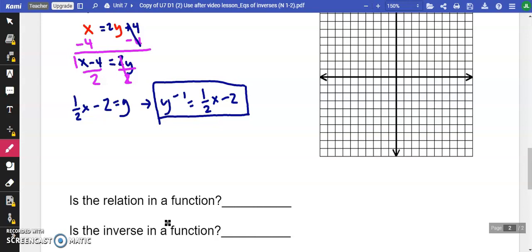So since our red graph was basically just a straight line, none of the x values overlapped, so therefore we started with a function. The inverse was also a function because it was also a straight line. So we can go ahead and put yes to both of these.